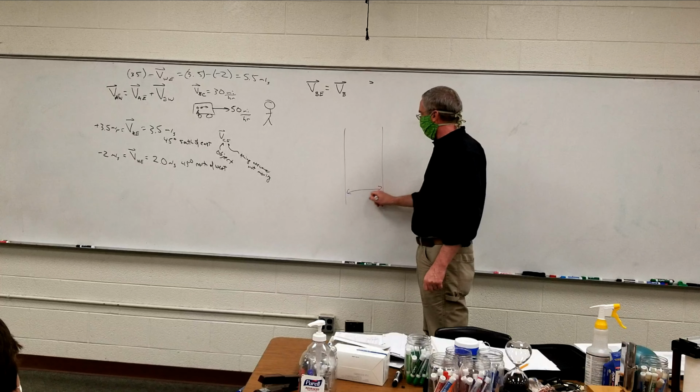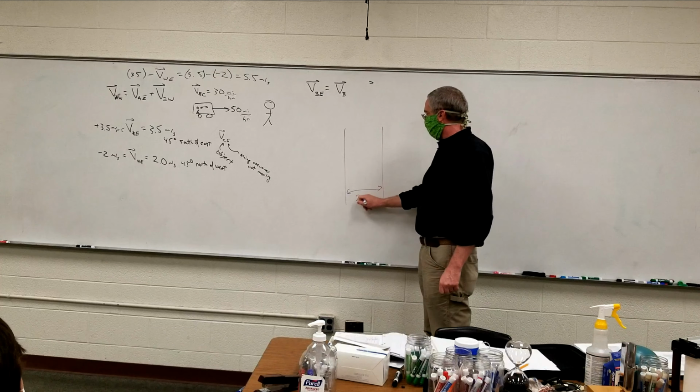So, this is my river here, 25 meters across. He's swimming this way and he ends up down here. So he's swimming 0.5 meters per second relative to the water.